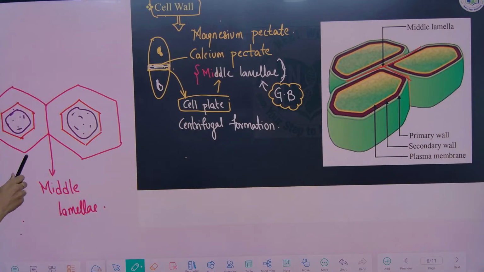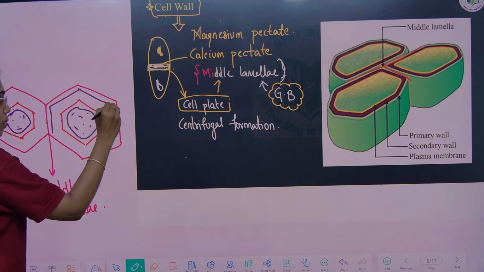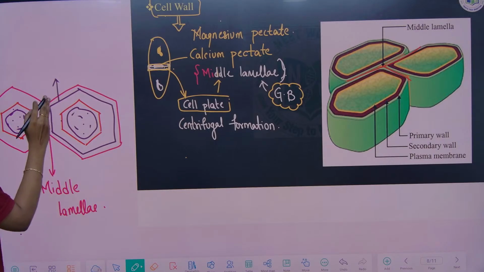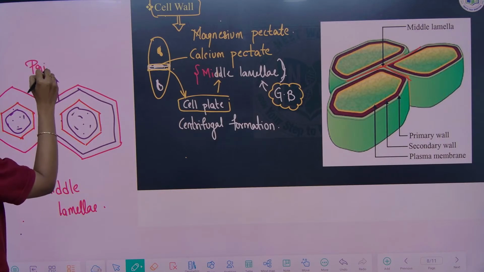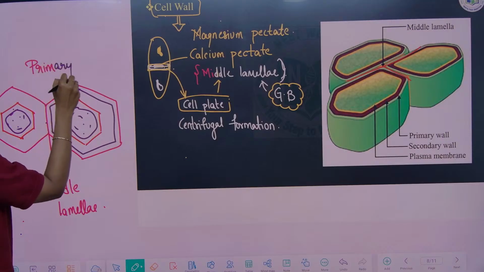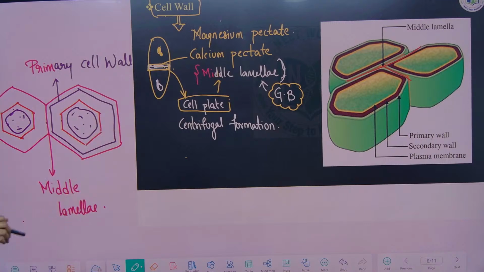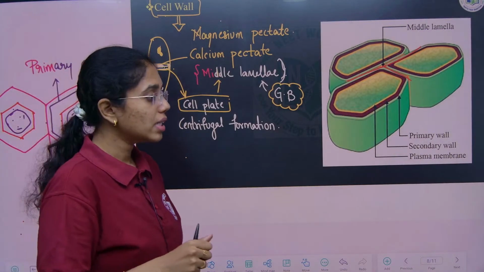Next to the middle lamella, towards the inner side, the first layer which is formed is known as primary cell wall. Primary cell wall is thin, it is extensible, it is made up of cellulose.